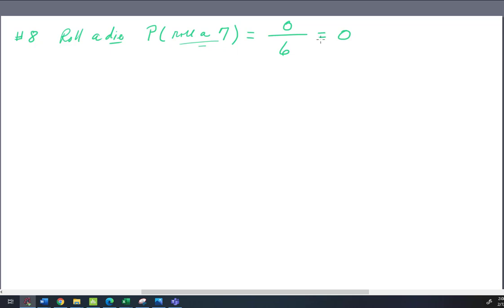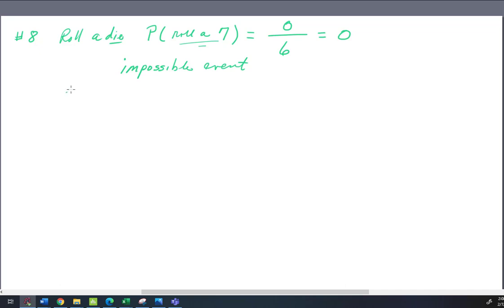Any event that has a probability 0 is called in statistics an impossible event. There are lots of possible impossible events, but our first example would be rolling a 7.